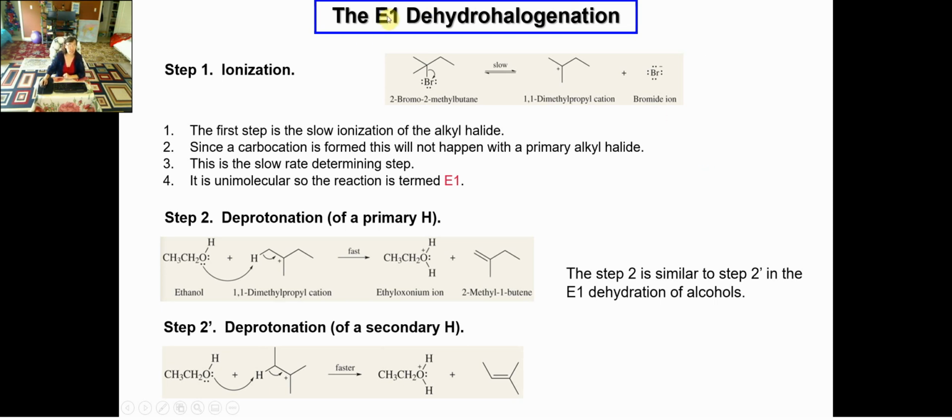Let's see the E1 dehydrohalogenation. What's going to happen? First of all, because you don't have protons, you're not going to start with protonation. You are going to form an ion, a positively charged cation. The first step will be ionization.